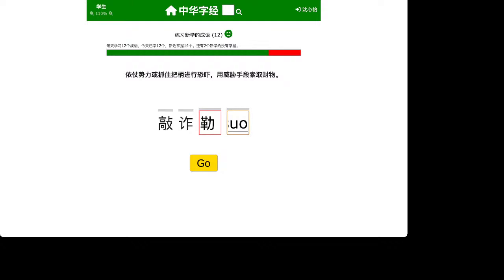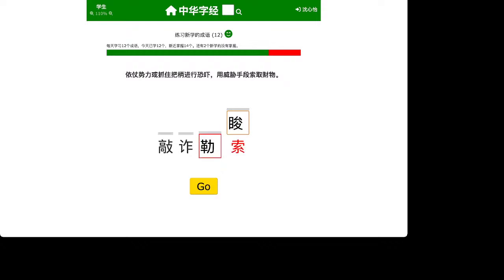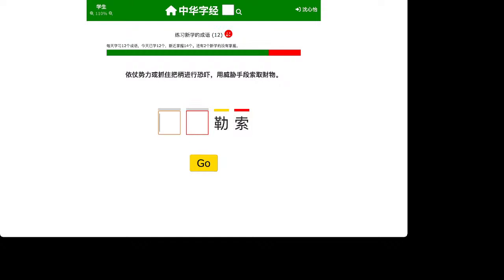I forgot this again. Seeing all these options on my screen and I literally don't remember which one it was. What? 敲诈勒索.